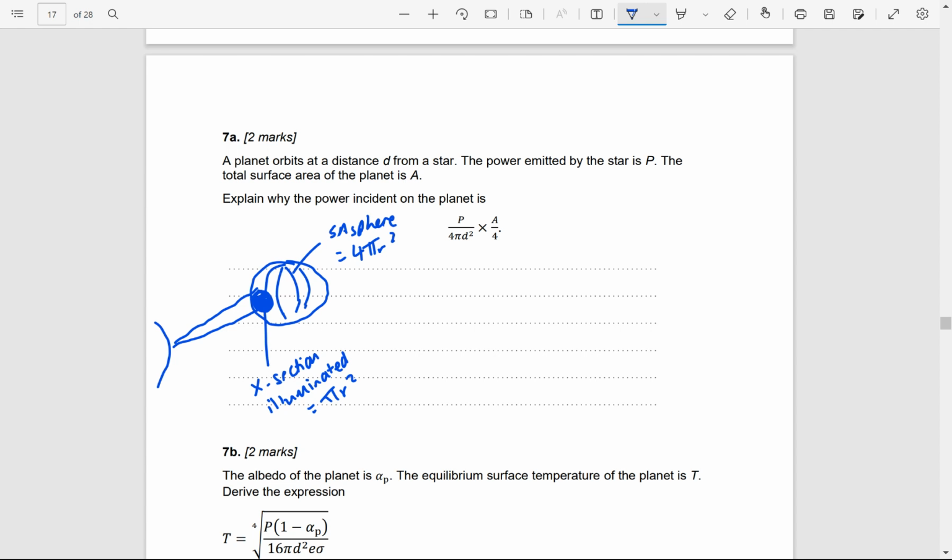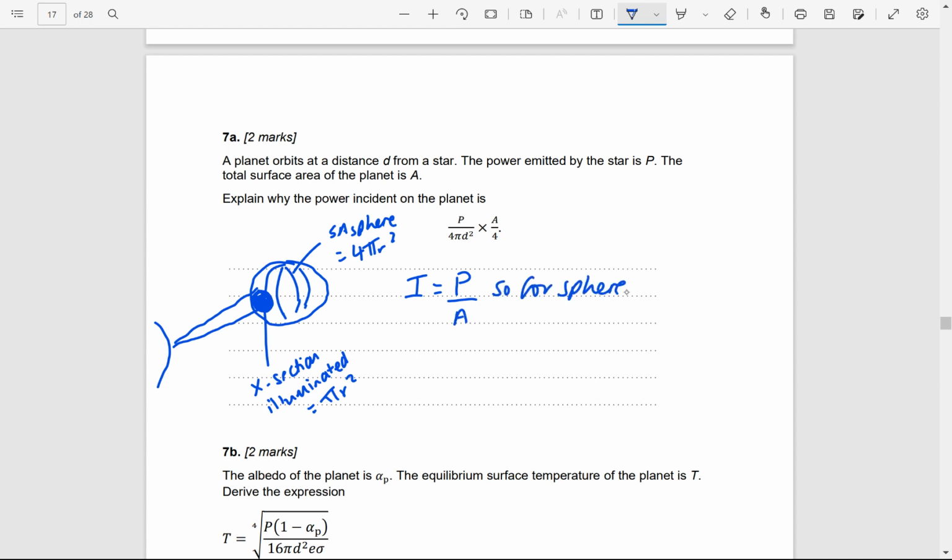So what did you have to do for the marks? You had to firstly say what this whole P over A idea comes from. So I would have said the intensity equals the power over the area.